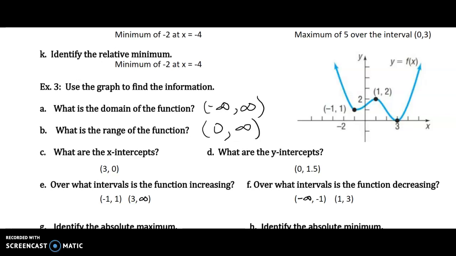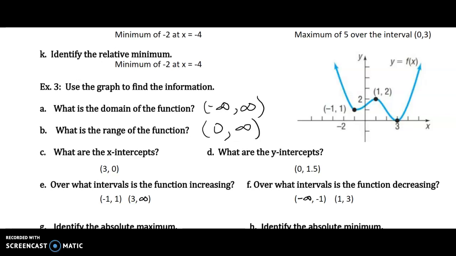The range of this function is from 0 to +infinity. The x-intercept is at (3, 0). The y-intercept is at the ordered pair (0, 1.5).